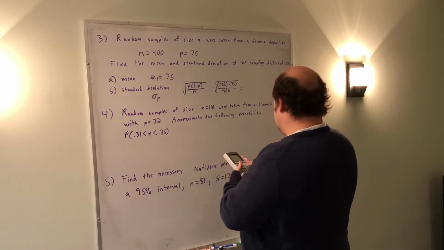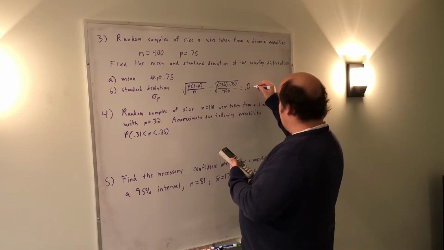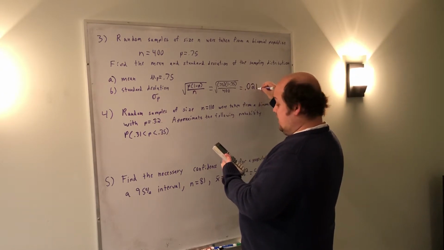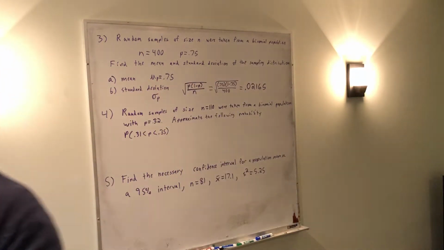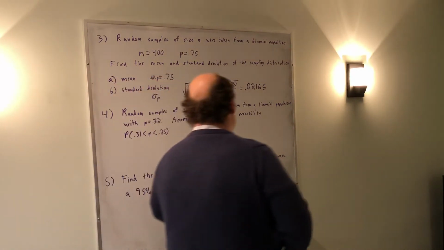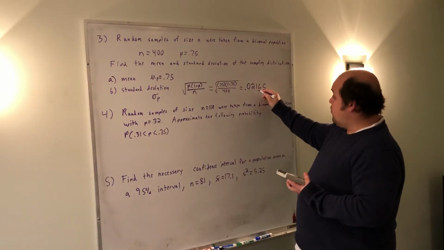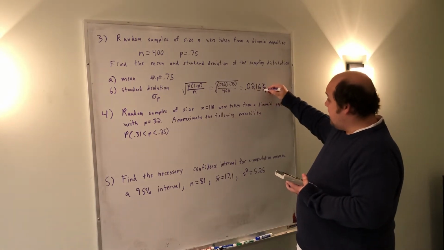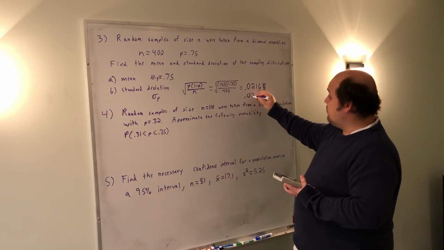If all of that is done correctly, I should be getting 0.02165. Looking back at the question and how they asked me to round, they say round to 4 decimal places. So if I'm going to 4 decimal places, 1, 2, 3, 4, I'm going to this decimal place. Since the 5 is 5 or larger, my answer is going to be 0.0217.